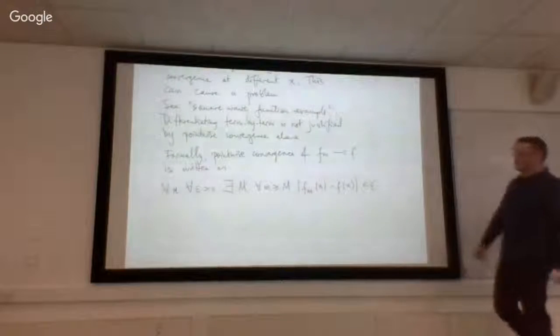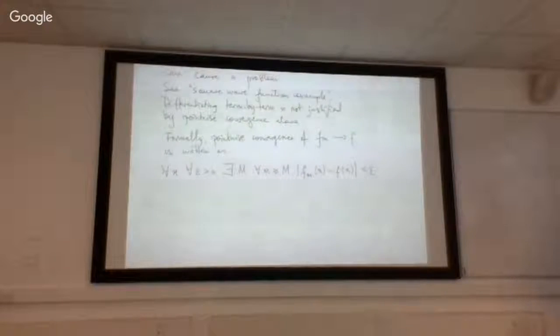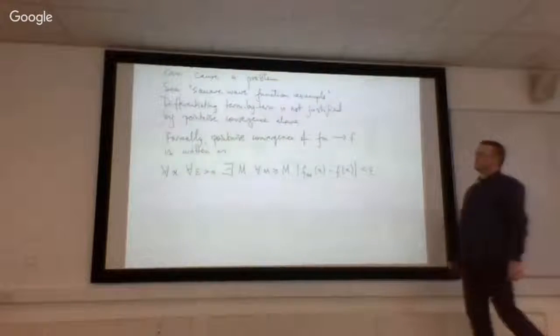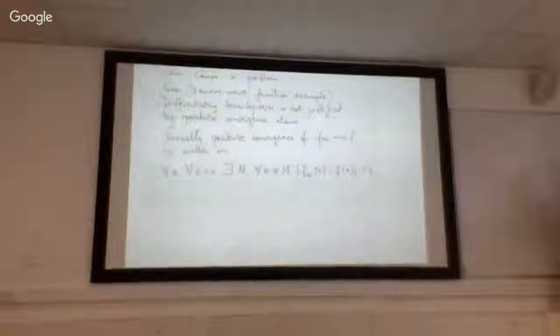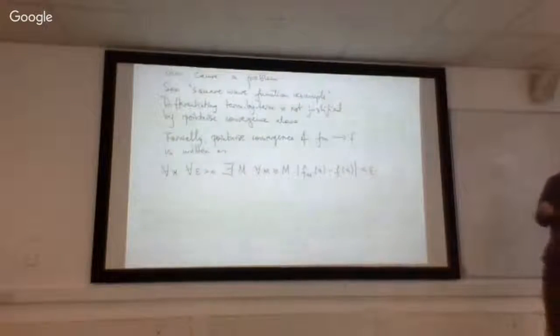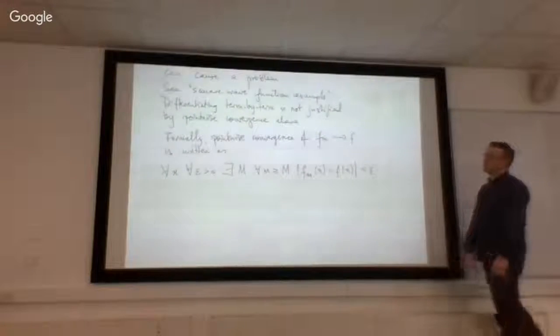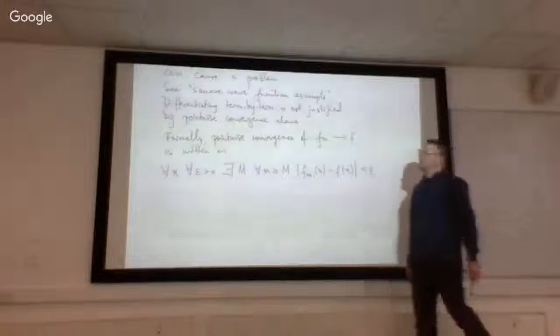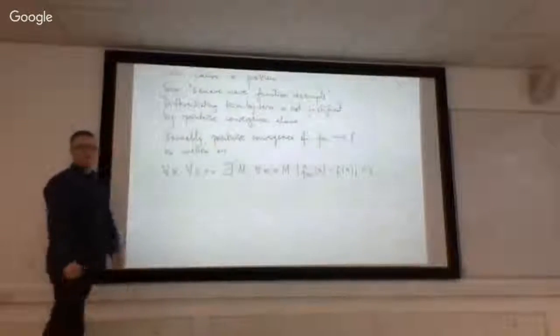And why have I bothered to show you this? Well, because for the next type of convergence, the much stronger, better kind of convergence, if you like, that we're about to look at, which is called uniform convergence, uniform convergence is just about changing the order of these quantifiers.